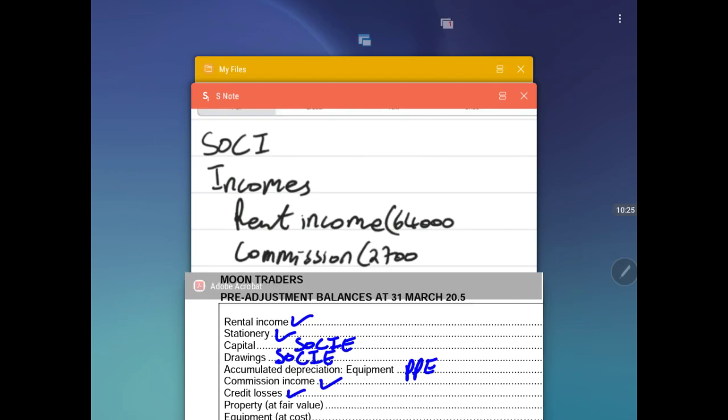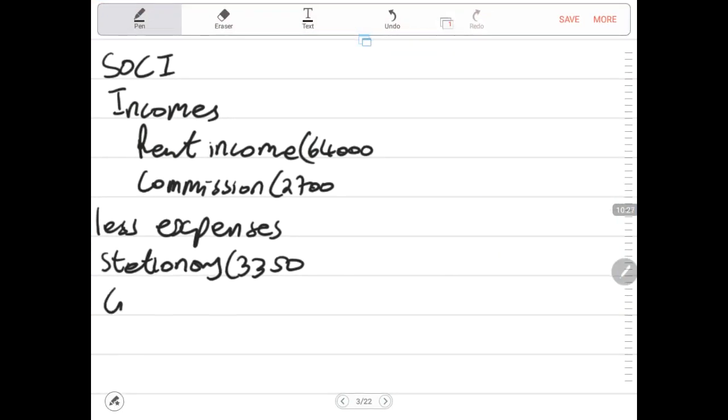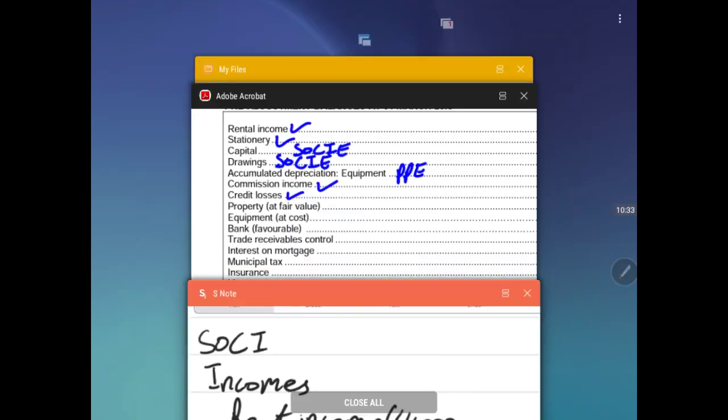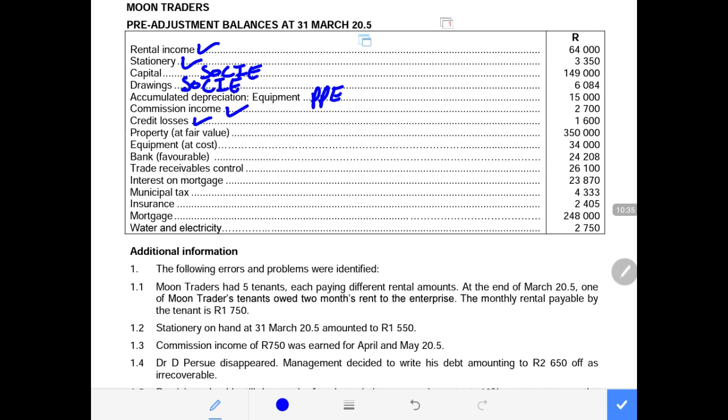We have credit losses. Remember, credit losses are what we call bad debts, a debtor that is not paying his account. Property, that is a property, plant, and equipment item. This is also property, plant, and equipment, which is in the statement of financial position.